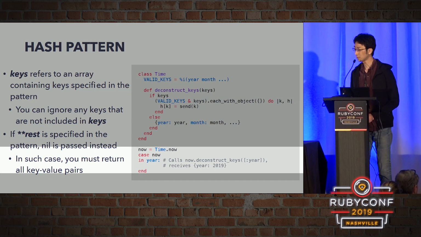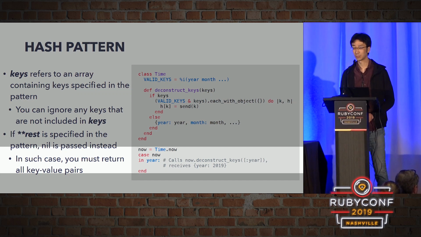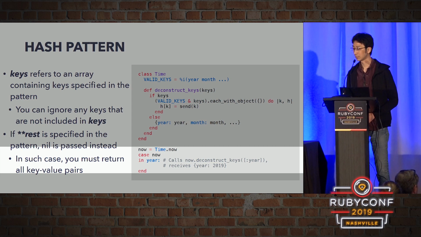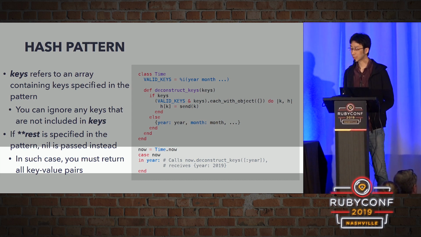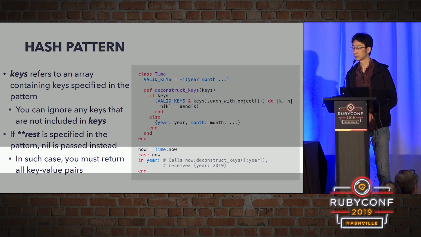So as a result, if the pattern specifies only year, the keys argument just includes year, and the return value of deconstruct_keys just includes year. So it is extremely effective. However, the implementation is rather more complex than the simple version.